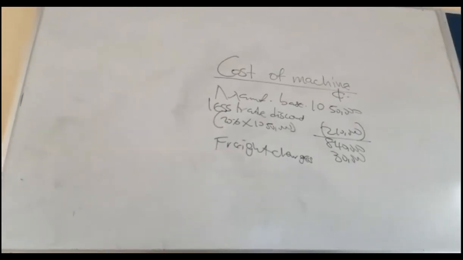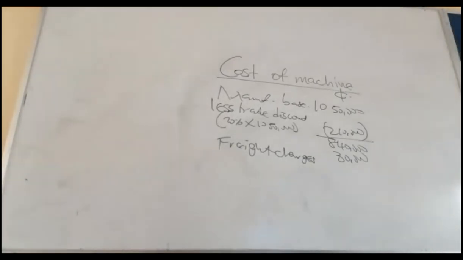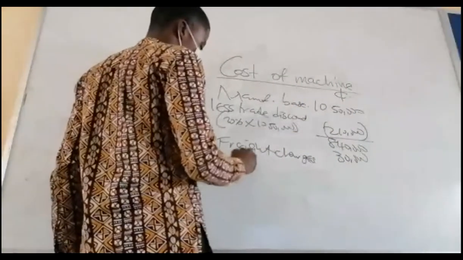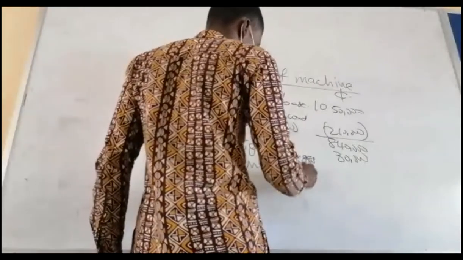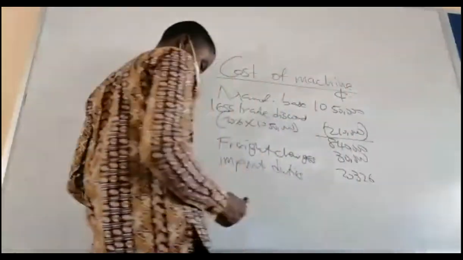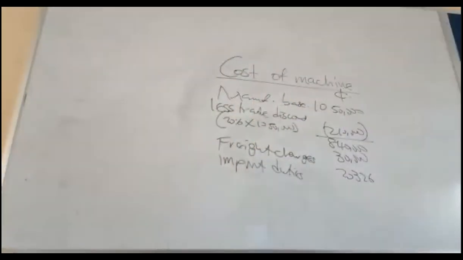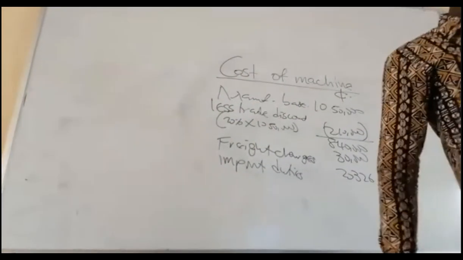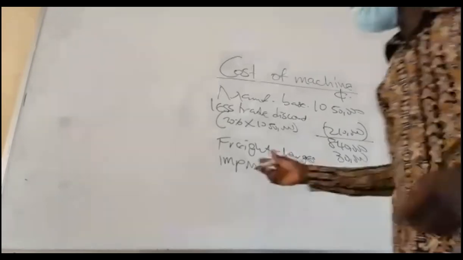Good. Import duties happen to be 20,326. So import duties should be included. Electrical installation costs will also be part. Good. And that one is 28,000. So electrical installation.